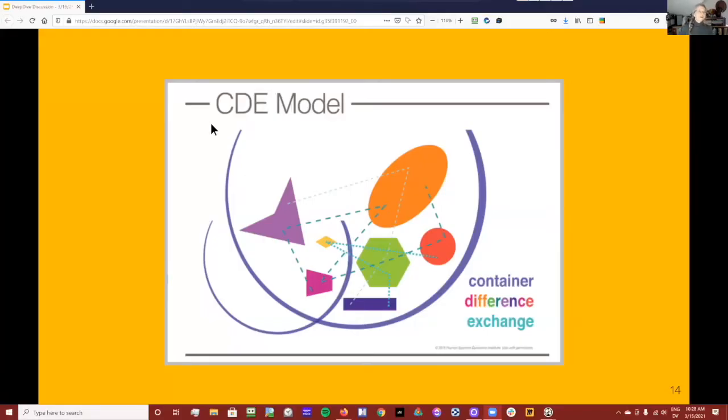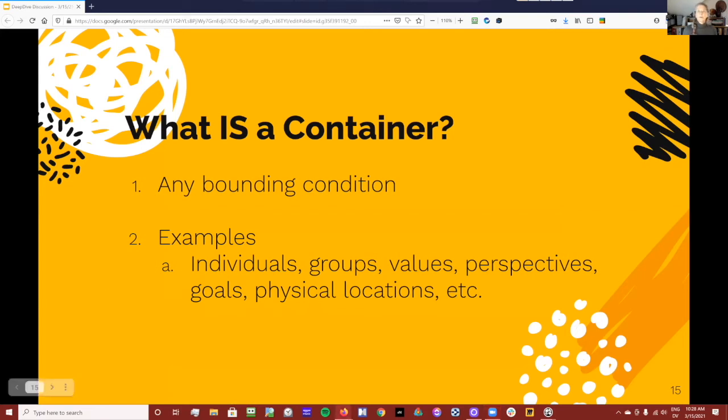So the CDE model, first of all, you need a container. I already said this, you need differences and you need exchanges, but what is a container? So a container is any bounding condition. So you can think of containers as like the fences around your system, or the magnets within your system that draw people to it, or affinities like similarities that make us feel comfortable and more inclined to come closer together.